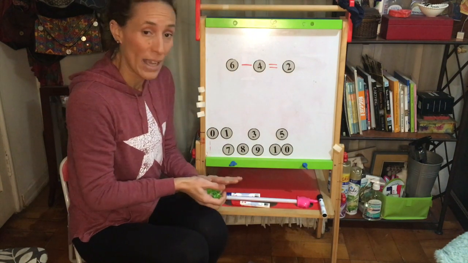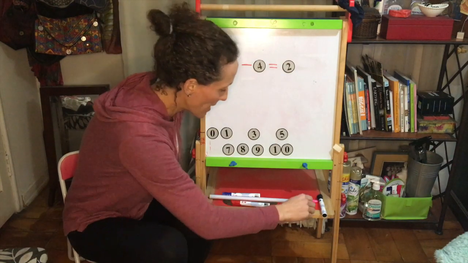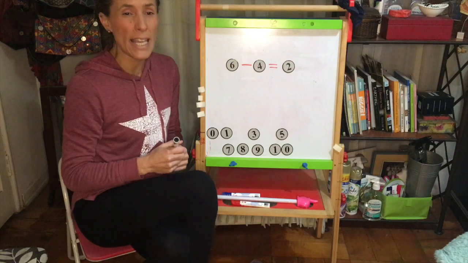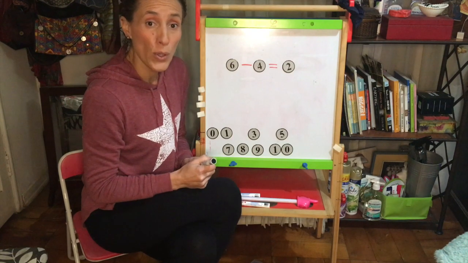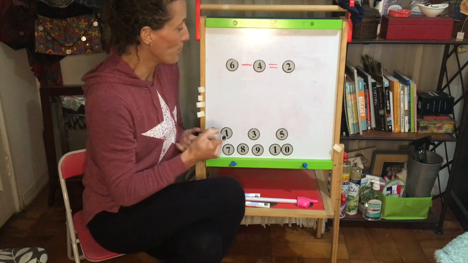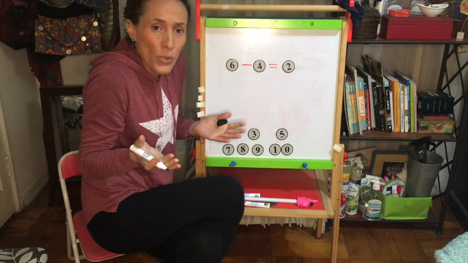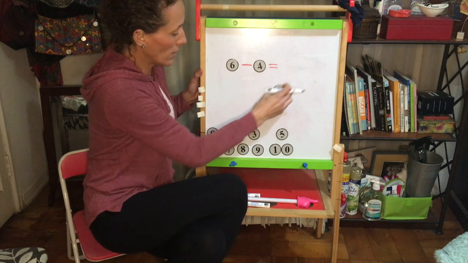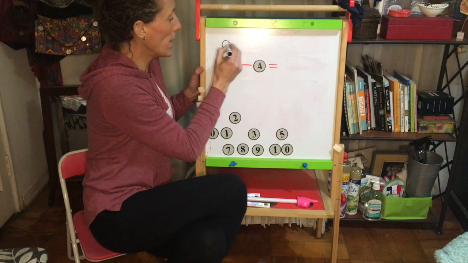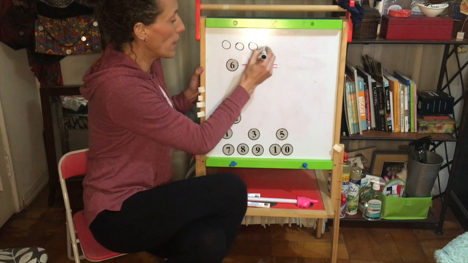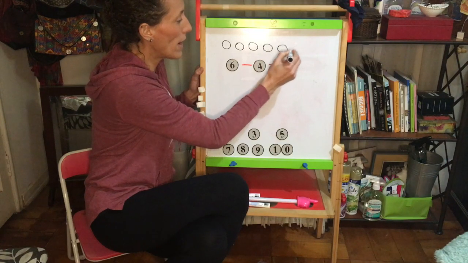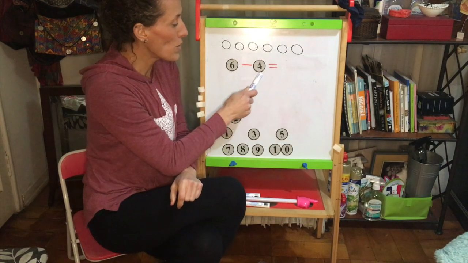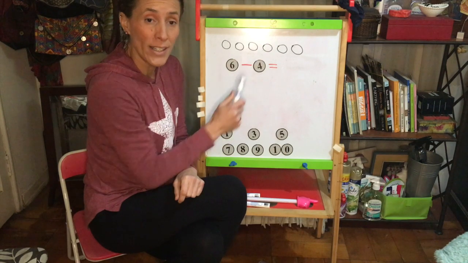If you don't have counters and you want to draw, I recommend you use something easy to draw. So I'm going to draw circles. How many circles do I need to draw? 1, 2, 3, 4, 5, 6. And how many do I have to take away? 4.